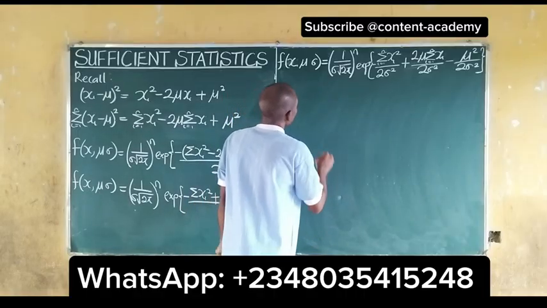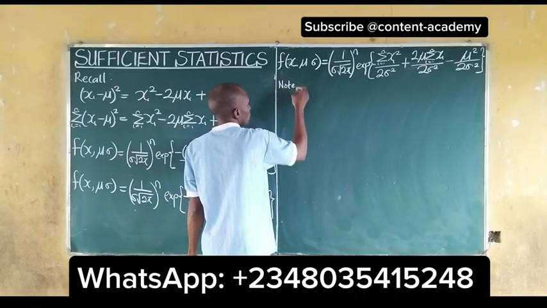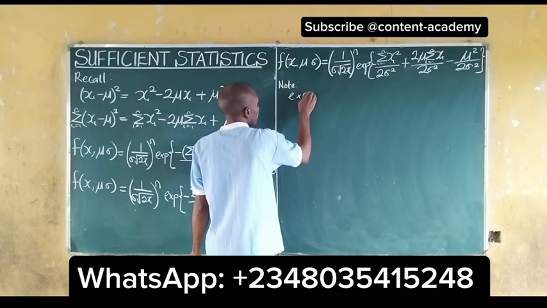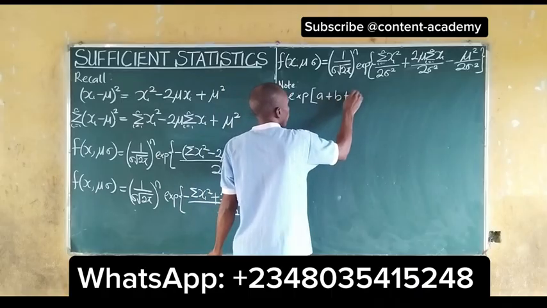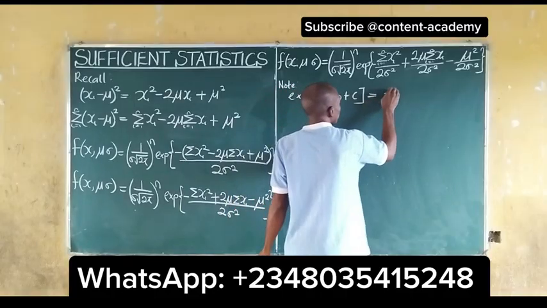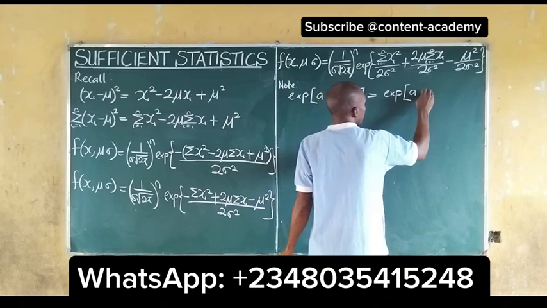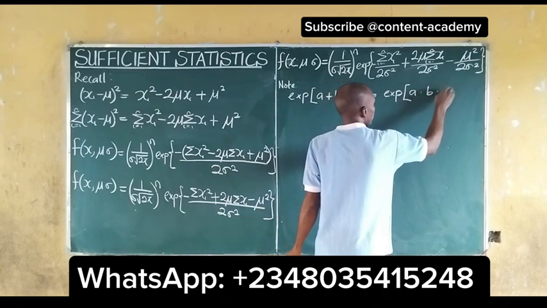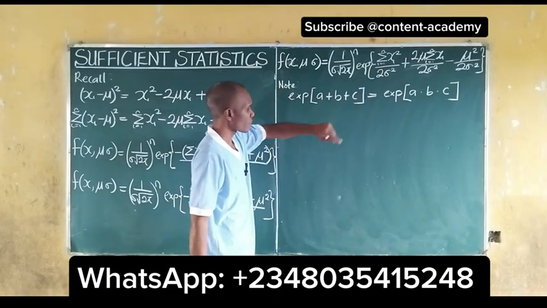Now we should note that exponential of a plus b plus c is equal to exponential a multiplied by exponential b multiplied by exponential c. You should know this.